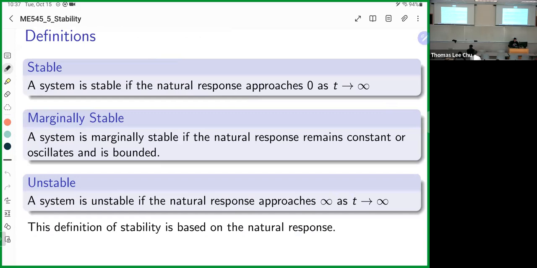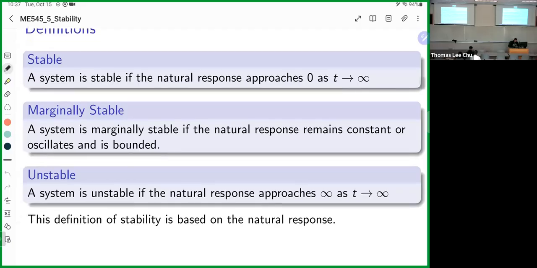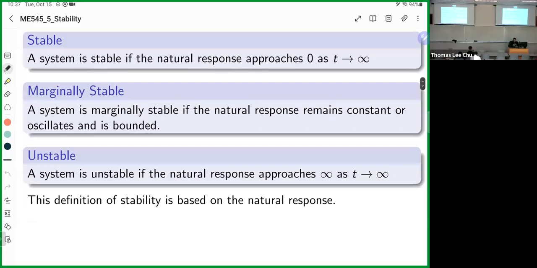If we just generically say a system is stable, that means the natural response goes to 0 as time goes to infinity. A system is marginally stable if the natural response remains constant or oscillates and is bounded. And a system is unstable if the natural response approaches infinity as time goes to infinity, meaning that the output is unbounded.